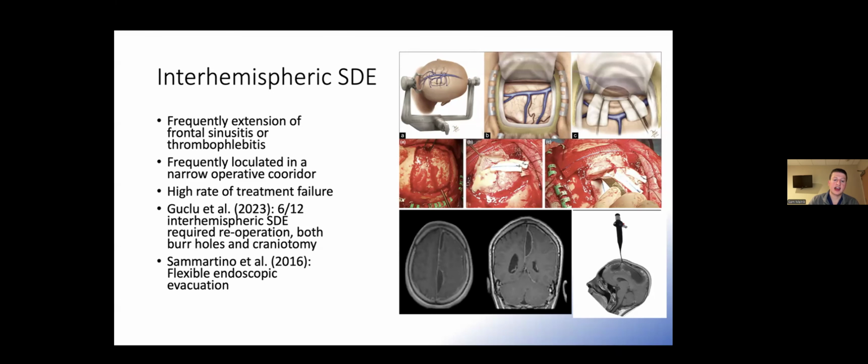There was a case report published in 2016 about the use of a flexible endoscope for evacuation of these interhemispheric empyemas, with a figure shown in the bottom right corner. And the basis for this evacuation actually comes from the literature of thoracic surgery, where they have found loculations in pleural empyemas that can be accessed via a flexible endoscope by making a minimal incision into the chest and maximizing the coverage and evacuation of the empyema.